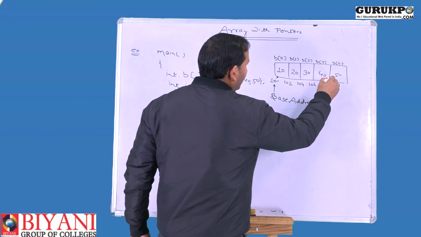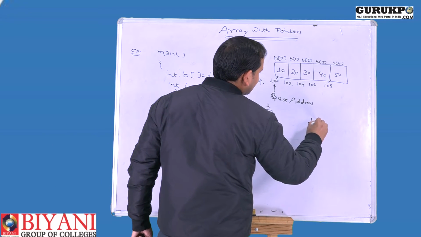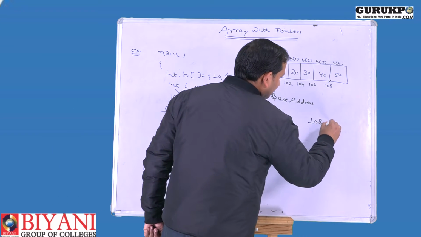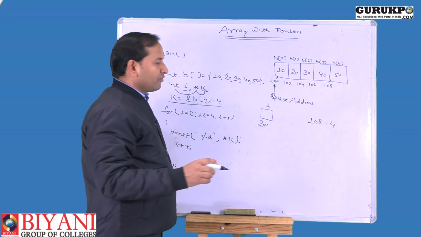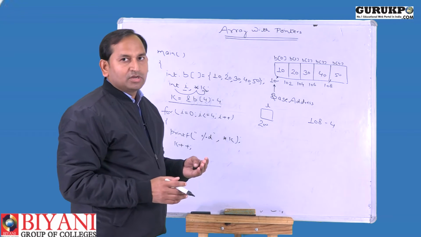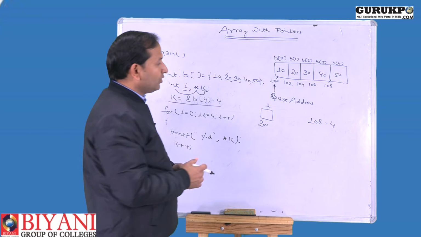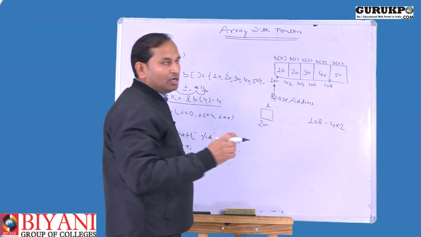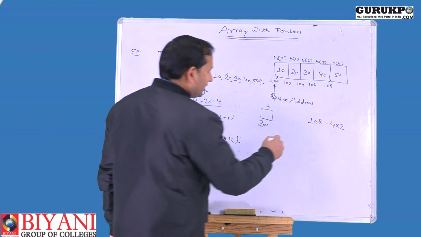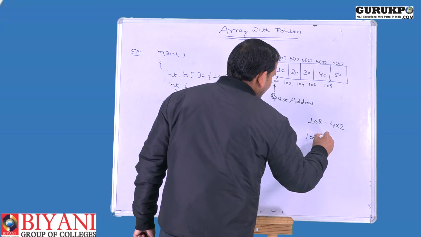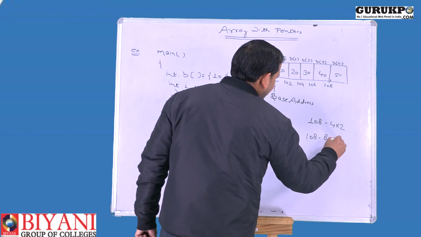The address of the fourth element is 108 minus 4. When we subtract from an address, it subtracts depending on the size of the data type. So 4 means 4 multiplied by 2, because an integer takes 2 bytes of memory. So it will deduct 108 minus 8, that is 100.